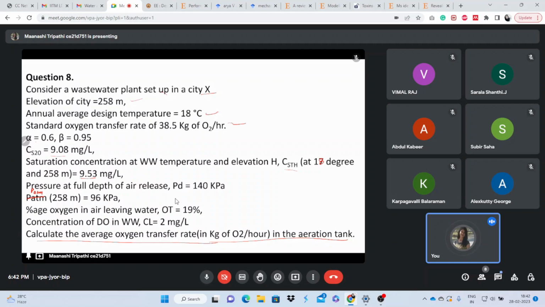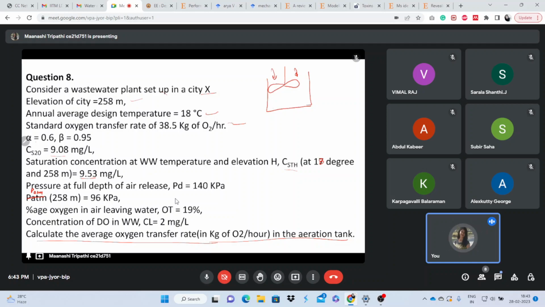So there are many ways. Either we can use the mechanical aerators. Mechanical aerator means we will put an aerator which will move and provide the oxygen from the surface. Oxygen from the surface will move inside. Other thing that can be given is diffused aerator.